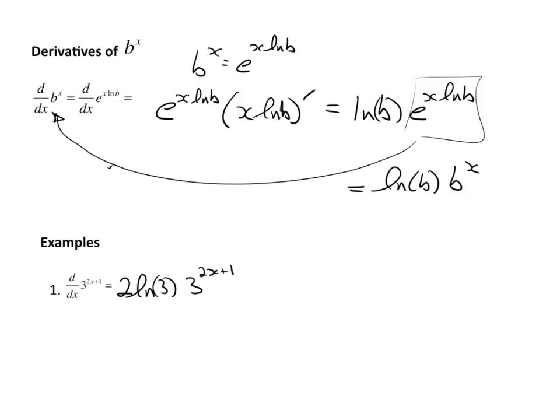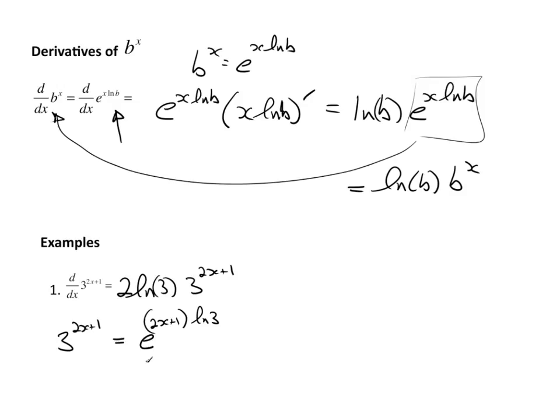Now, let's write it in this form so we can actually see truly where this comes from. 3 to the 2x plus 1 is equal to e raised to the 2x plus 1 times the natural log of 3. These two are equivalent.